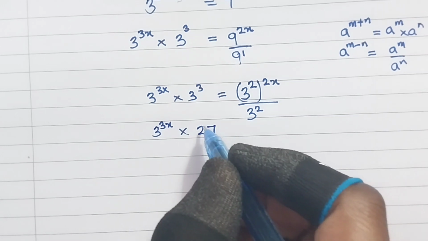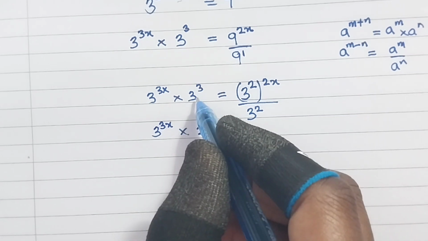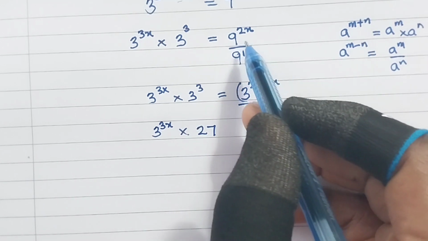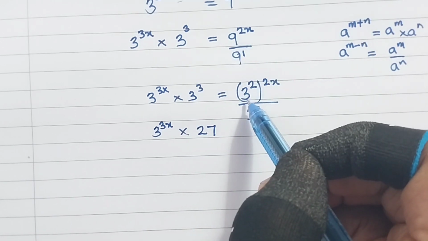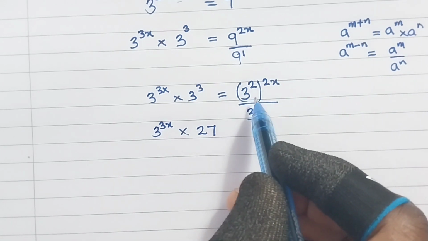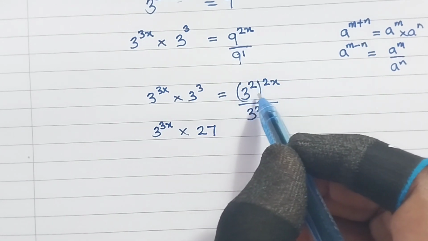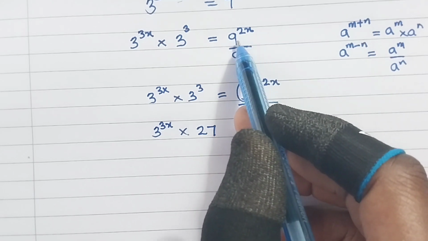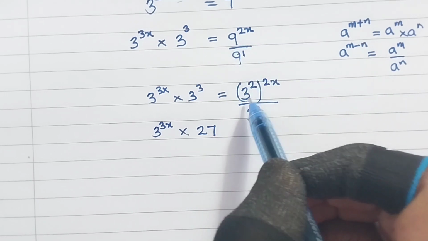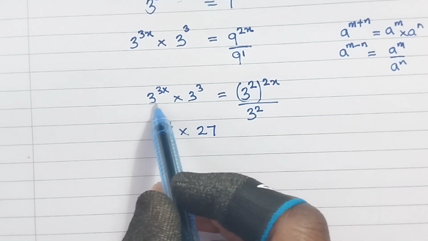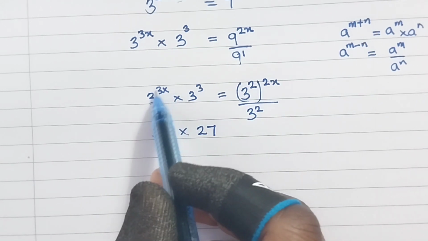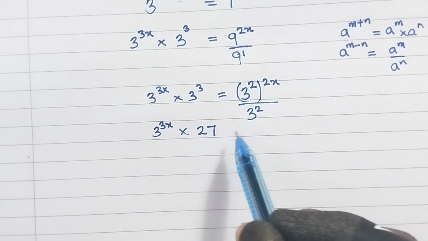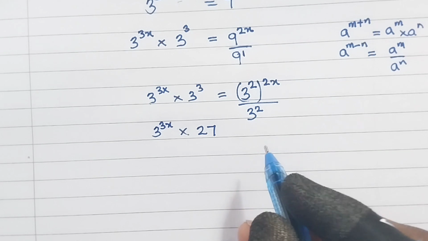You might be wondering why I multiplied this out instead of leaving it, but then I broke this down. The reason being that I want to be able to work with this power of x here. If you were still in 9, I won't be able to get the base to be the same with this 3 that has a power 3x. You'll see where I'm going with this very soon.